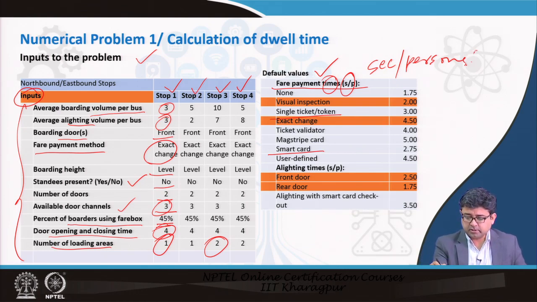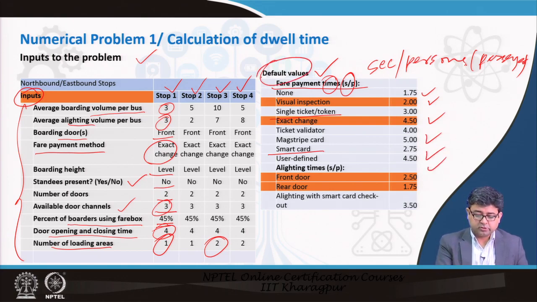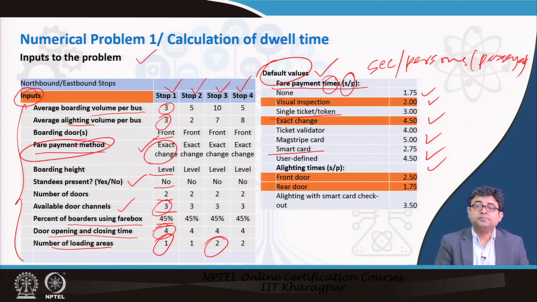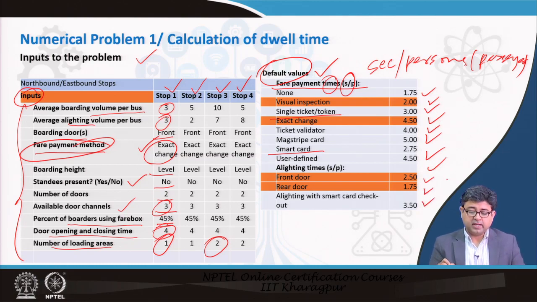So, seconds per person or seconds per passenger, whatever you may think. So, you will see there are different types of times that are given as default values. So, based on what type of fare payment method your bus system is operating on, you may select any one of these two values, right.